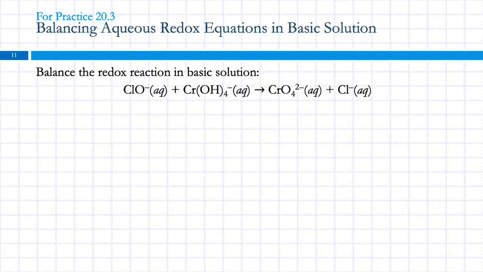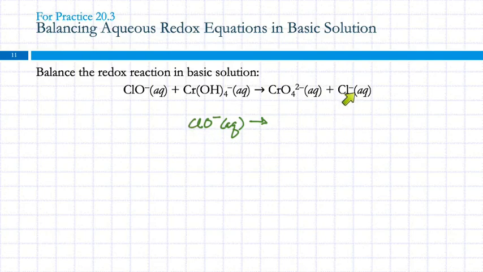Okay, so let's do this one. Half reactions first. So, there's my arrow. ClO minus on that side, and then I'm going to pick whichever reactant is the most like that.